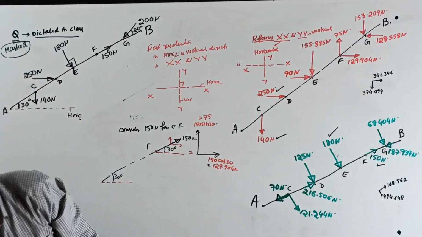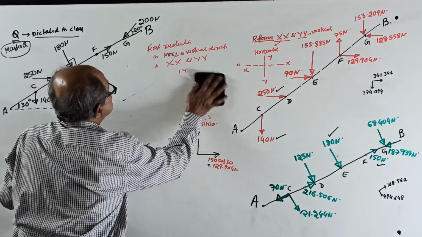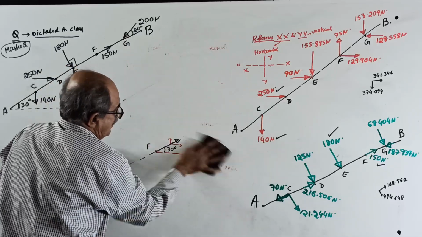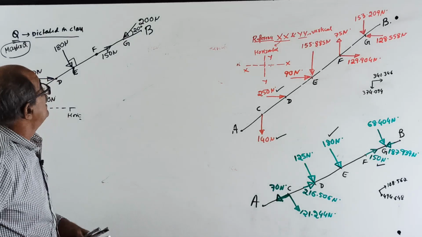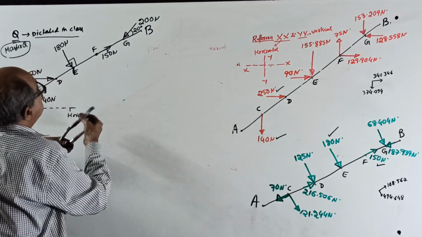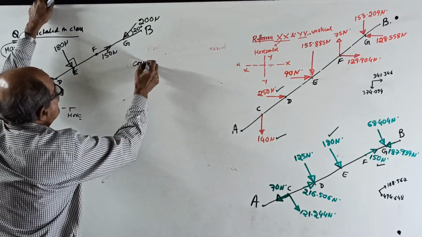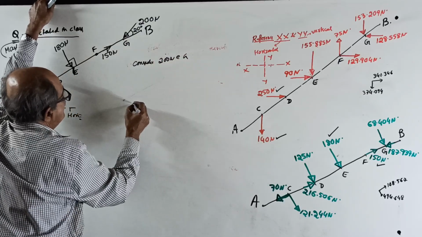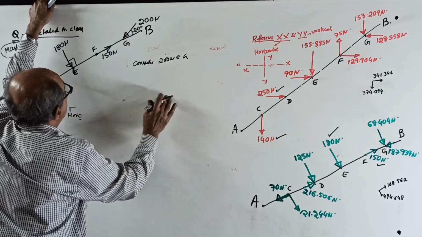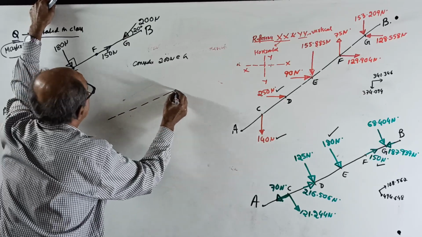Now, the last force. I removed xx actually. Okay, no problem. Remember xx and y are already here. Lastly, consider 200 Newton at G. This line is here.